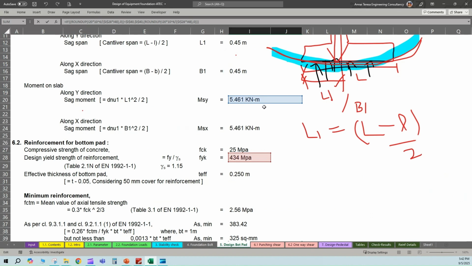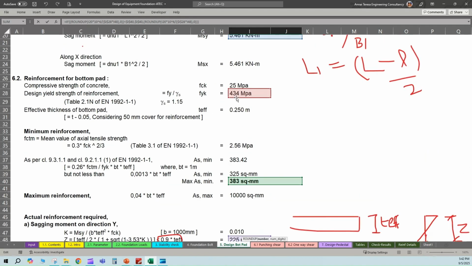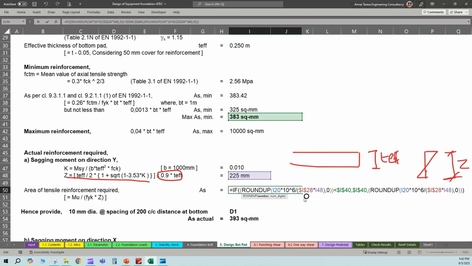Of course, we need to convert this into newton millimeter by multiplying by 10 to the power of 6, divided by fyd, 434 megapascal, and also divided by the z value, that is the lever arm distance. And here the equation is applied by considering the minimum reinforcement, which is considered here as 383.